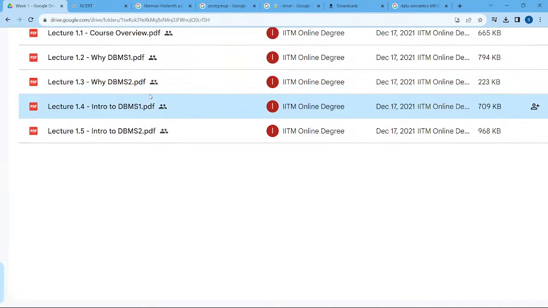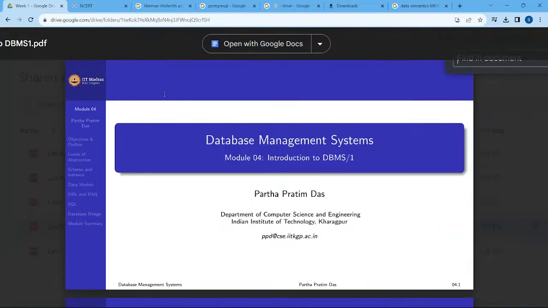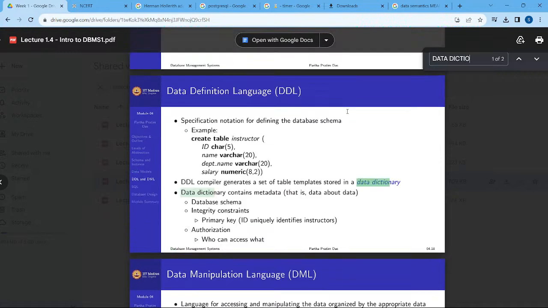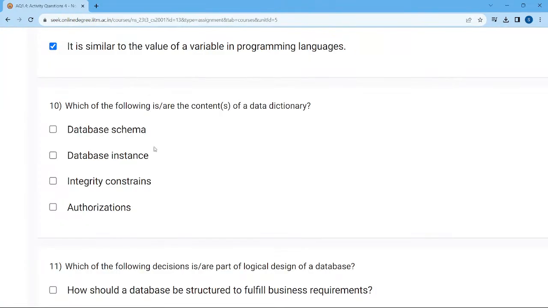If we are lucky enough, we would be able to find it using Control F. Data dictionary contains metadata, that would be schema, integrity constraints such as primary key and such, and authorization. Okay, so schema, integrity constraints, and authorizations. Good.